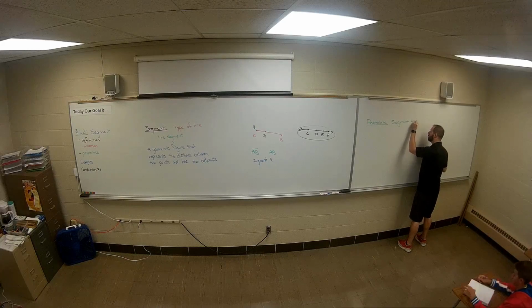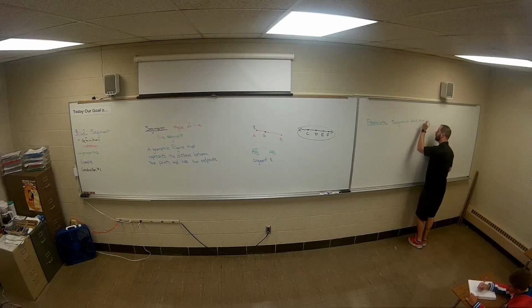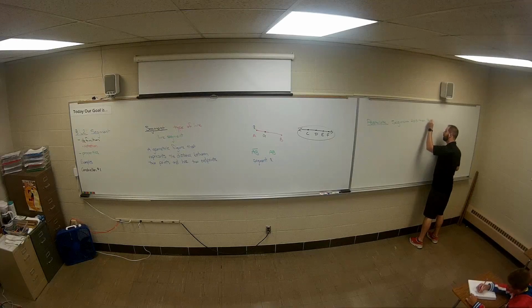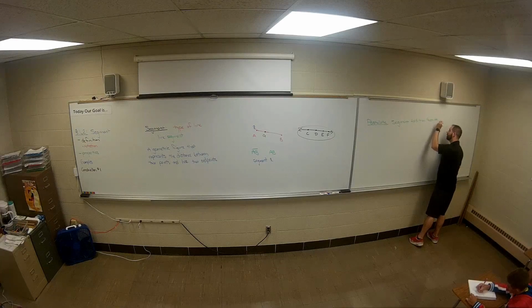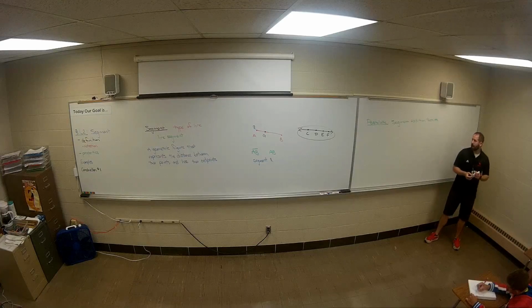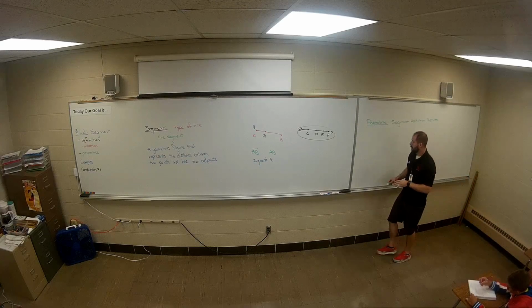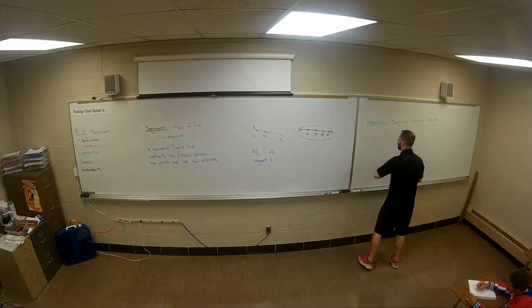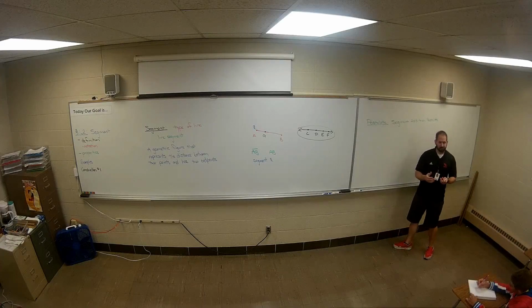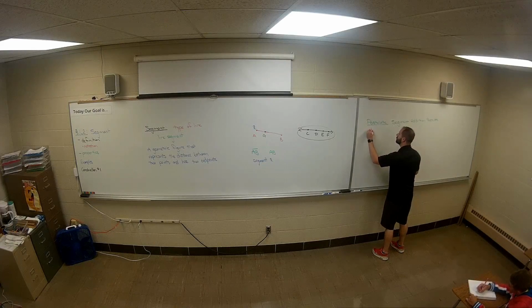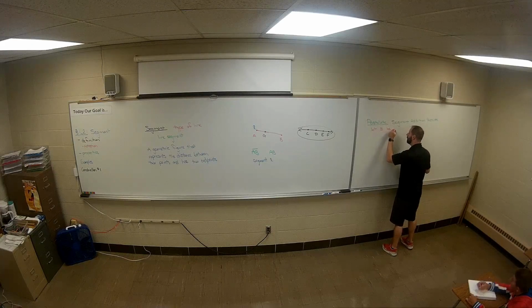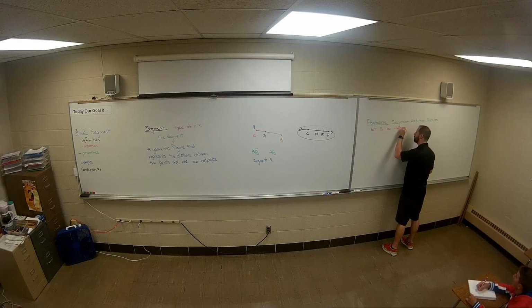Because if they say AB is 5, BC is 2, and AC is 7, we can actually use this postulate to prove, is it a triangle or are you dealing with a straight line?